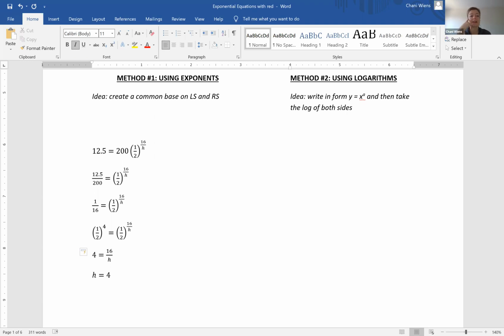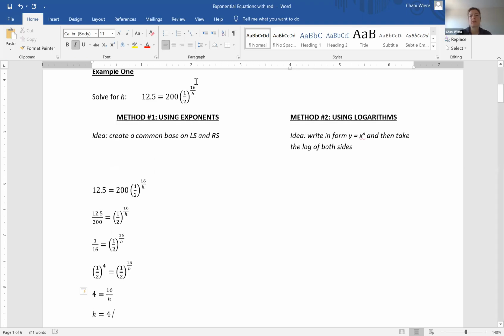If you have answers that are decimals or in between, then it really is not an efficient way of solving. It's really quite a pain. So this means that the half-life is 4 units of time. So 4 of those 4-hour periods had occurred to get 200 down to 12.5.